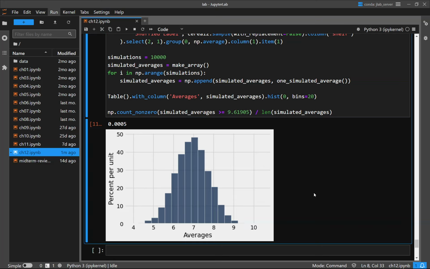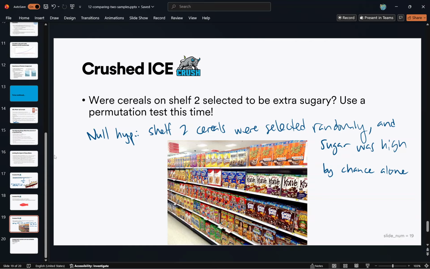So in a permutation test, you're shuffling things. It shouldn't matter what your label is, so go and not let it matter. Go and shuffle it around, see what happens. And I think that's all that I wanted to say. Are there any questions about this example or anything else? Because I think that's the end. That'll bring us to the end of these slides.